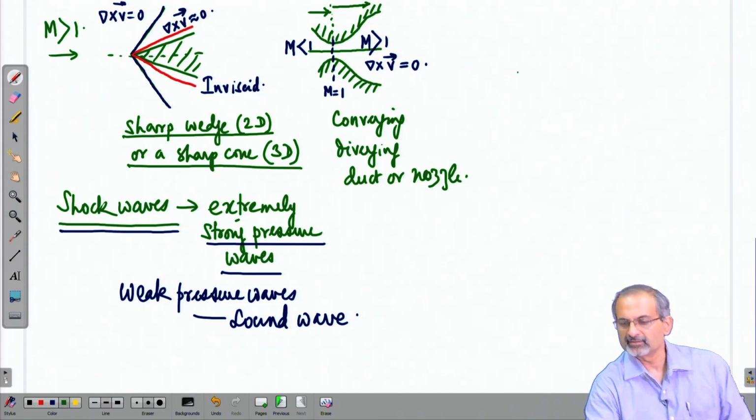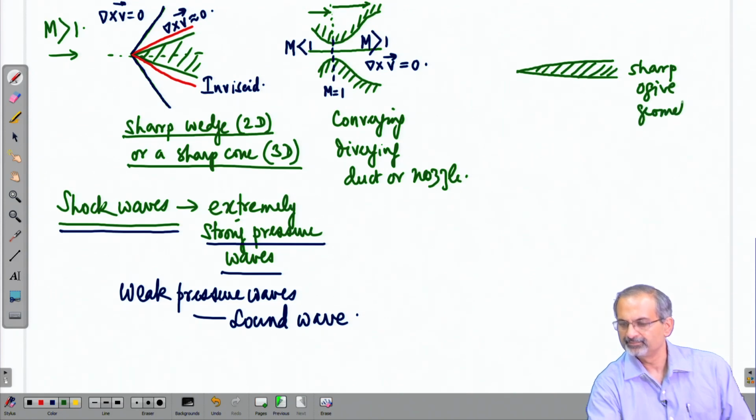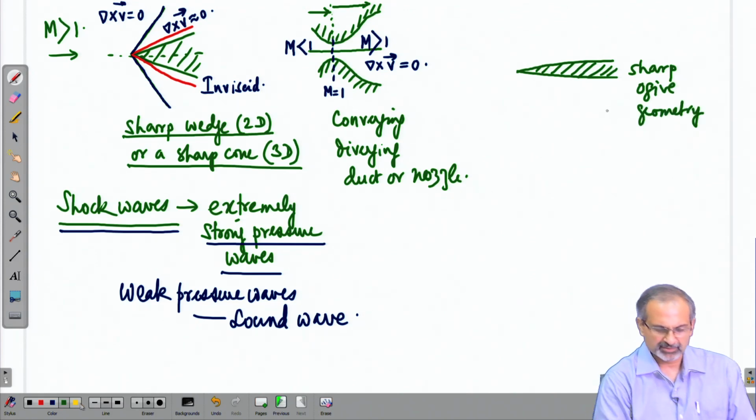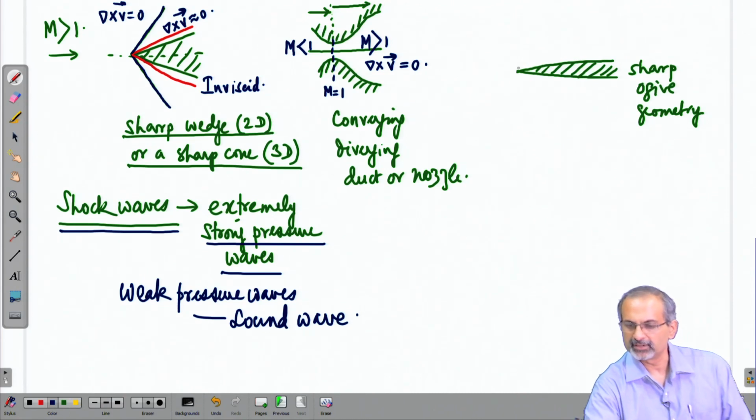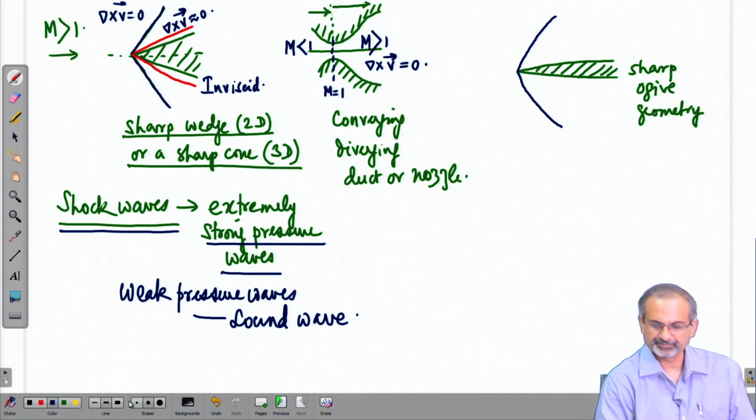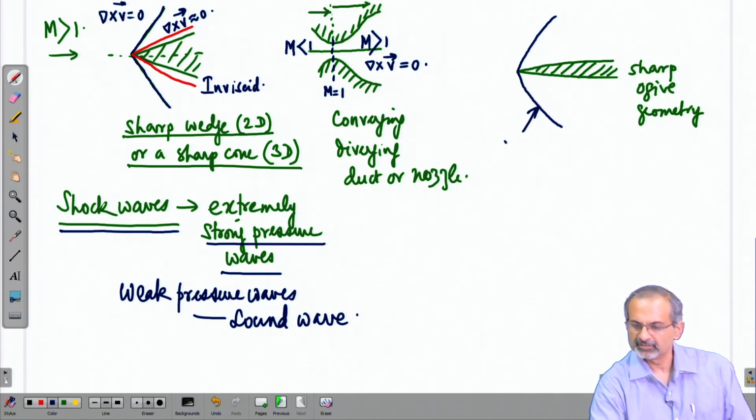Let us draw another instance, again a slender object, but not necessarily a wedge. It could be a sharp ogive geometry, and this time the situation is slightly more difficult. You have a shock wave, but which is slightly curved, very slightly curved.